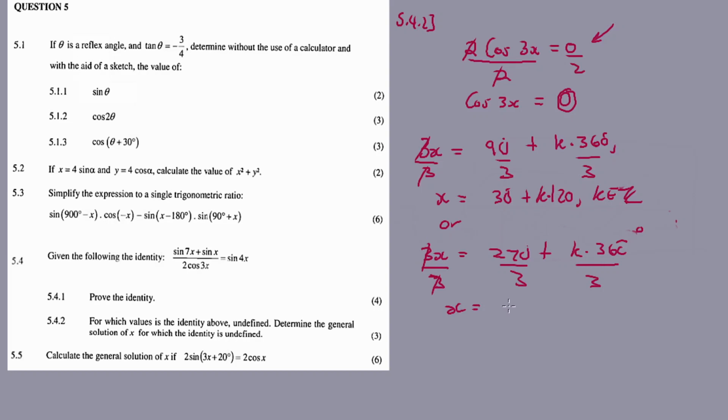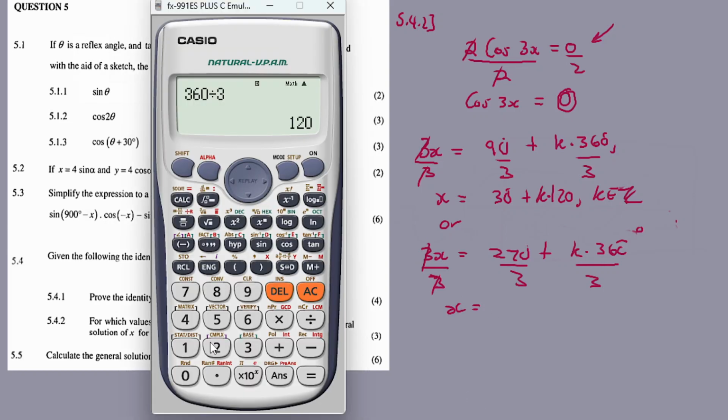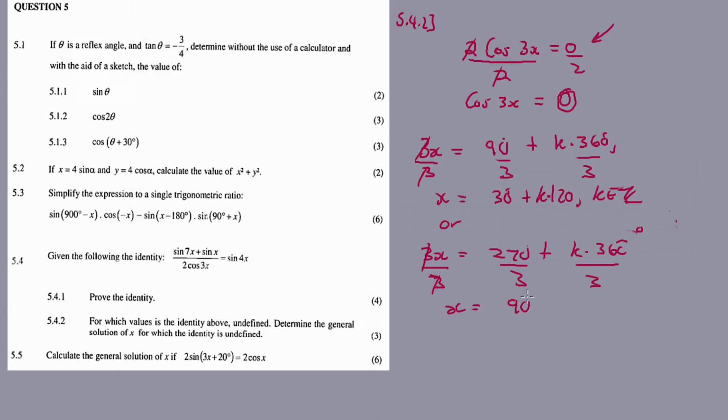Then x is equal to, what is 270 divided by 3? In total 90. So it's plus 90, k times 360 is the period, divided by 3 it's 120 here. K element of integers. Nice, we solved it here together.